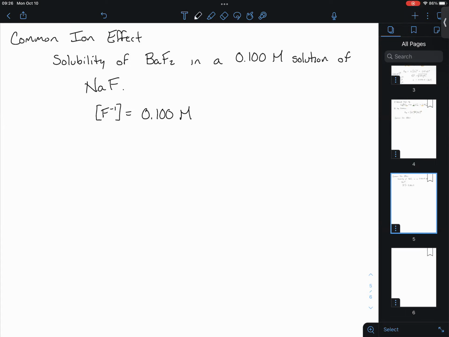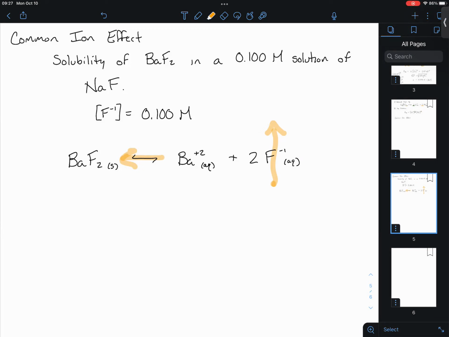And as you would expect, given our balanced chemical equation for the dissociation of barium fluoride, we already did this one, so I'll just put it down quickly. We've got a barium ion plus 2 fluoride ions. And exactly what you would expect from Le Chatelier's principle, if we increase the concentration of fluoride ions, that's going to shift this equilibrium back in favor of our reactants.